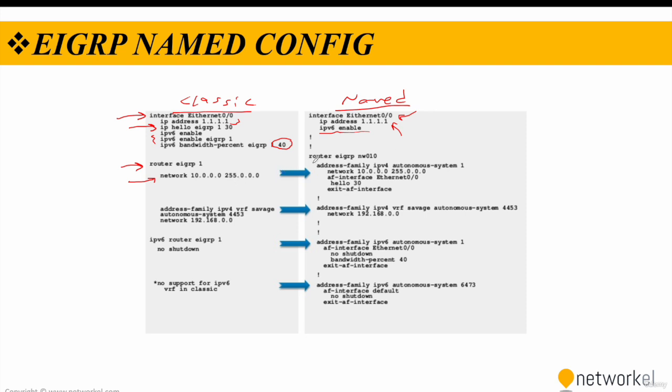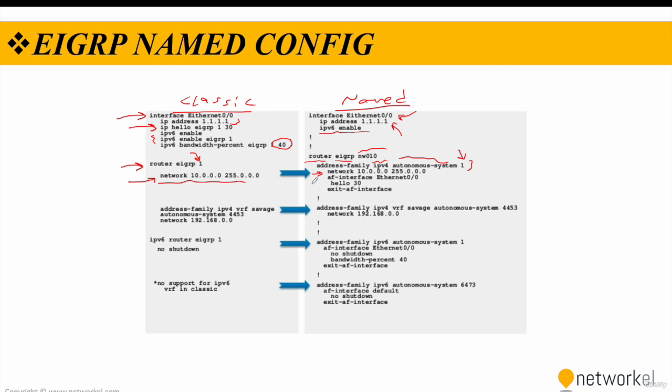In named mode, I need to type router EIGRP and my name. Then within this name, I am defining my address families, like address family IPv4 followed with autonomous system 1, which is the equivalent of this one in here. And then I'm putting my network statement, and this is pretty much the same as the left one.